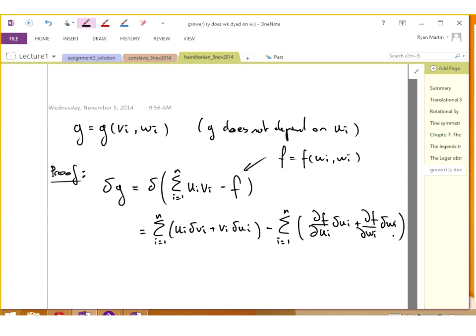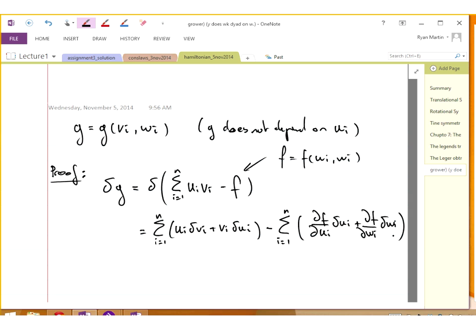I made a simplification here where I'm assuming that there are the same number of u's as there are w's, right? So clearly there has to be the same number of u's and v's, because vi is ∂f/∂ui.